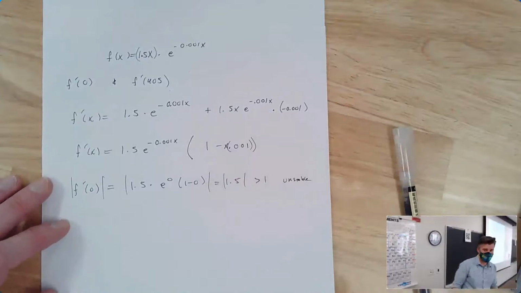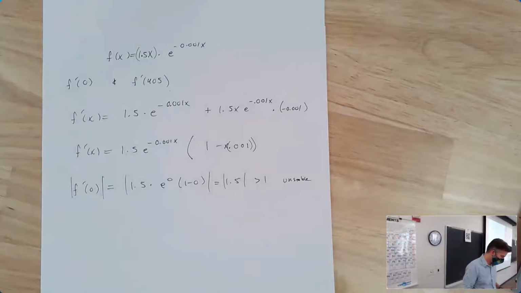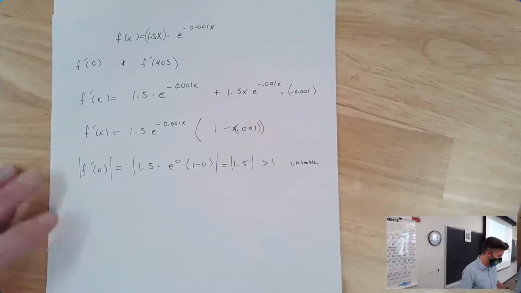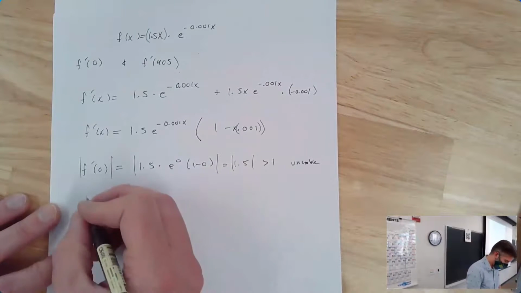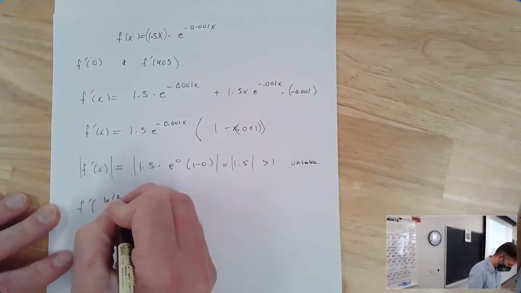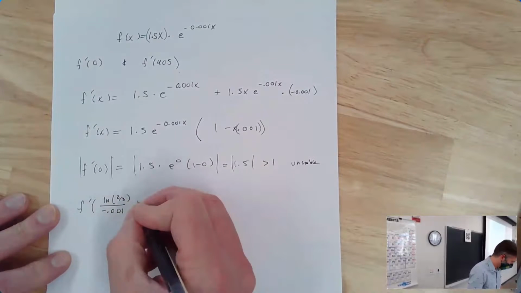And we're often not surprised by instability at 0. That usually makes sense, because if you're a little bit away from 0, usually you don't tend back towards 0. Let's look at the other one. So I'm actually going to plug in the actual number. I have not the approximately 405, but my natural log of 2/3 over negative 0.001. So if I look at that, f prime of the natural log of 2/3 over negative 0.001. That was the previous value.